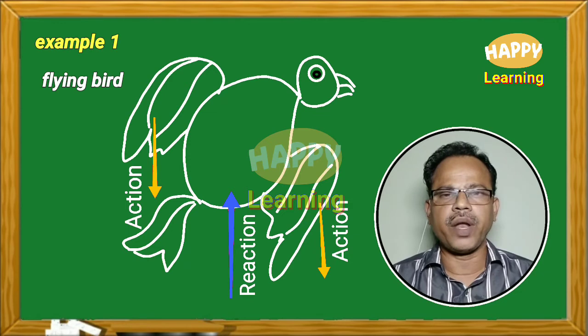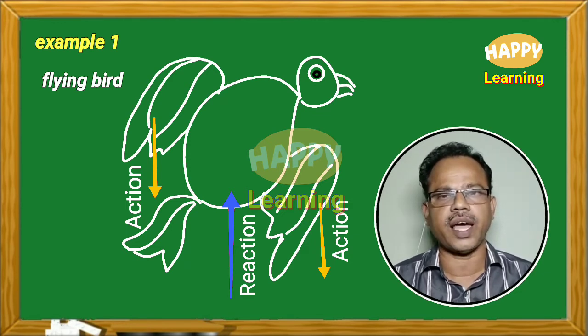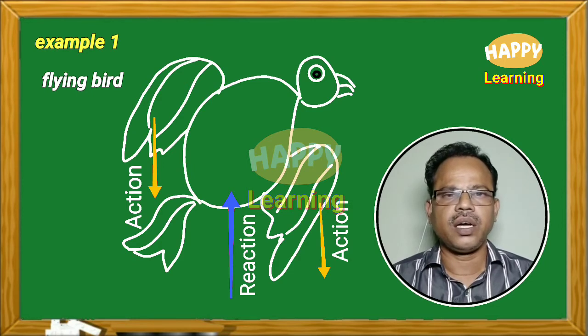The force applied by the wings on the air is the action, and the force applied by the air on the bird is the reaction. They are equal in magnitude but opposite in direction.